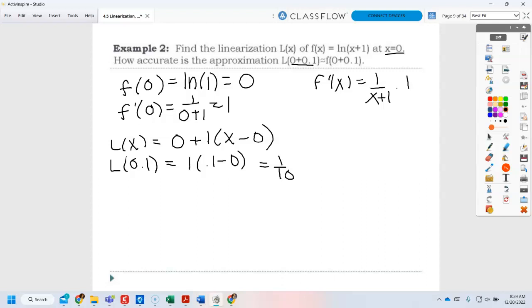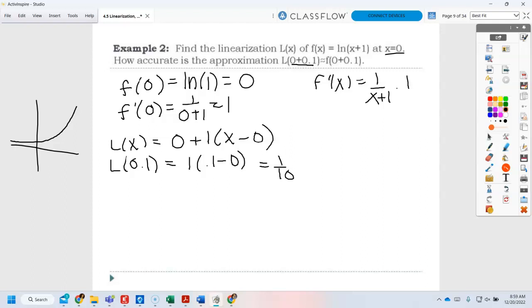Is the natural log function concave up or concave down? Think of the fact that the natural log is the inverse of an e function. So like e to the x, right? That's what e to the x looks like.